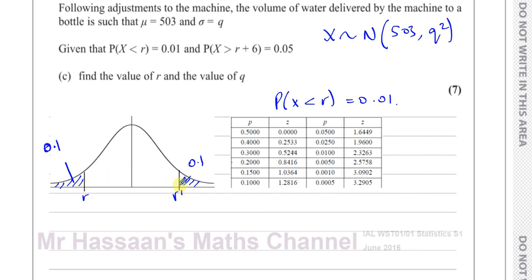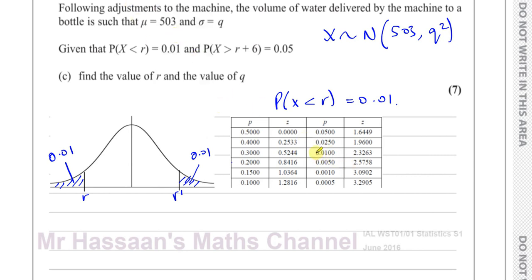So if I find 0.1, 0.01, be careful, mister. See, I almost made a silly mistake again. It's 0.01. Okay, if I find the area of 0.01 to the right of the z value, and we look at the probabilities, 0.01 is right over here.